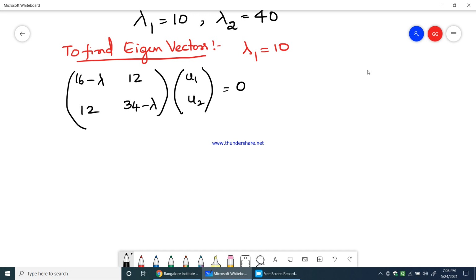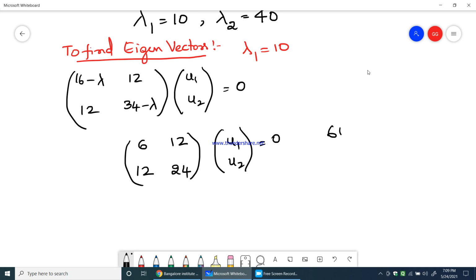Now lambda is 10, therefore 16 minus 10 is 6, 12, 12, 34 minus 10 is 24, into U1, U2 equals 0. So 6 U1 plus 12 U2 equals 0, and 12 U1 plus 24 U2 equals 0.